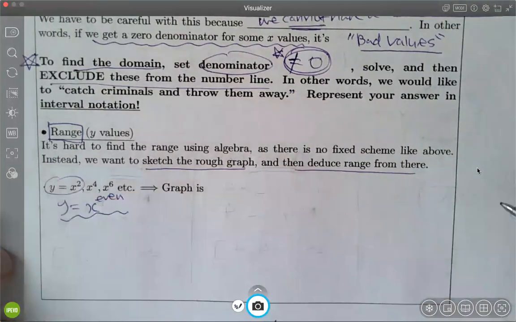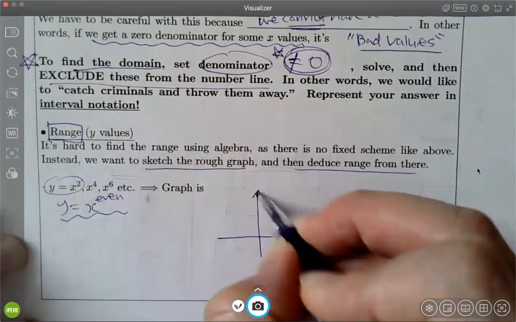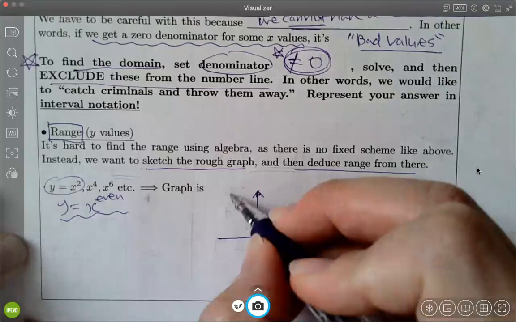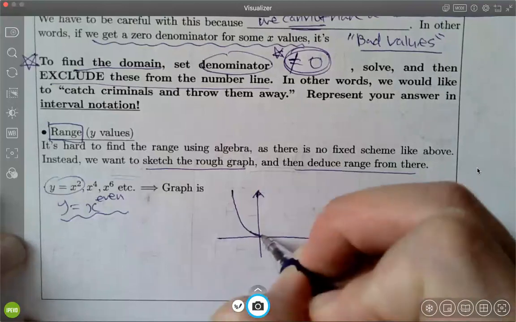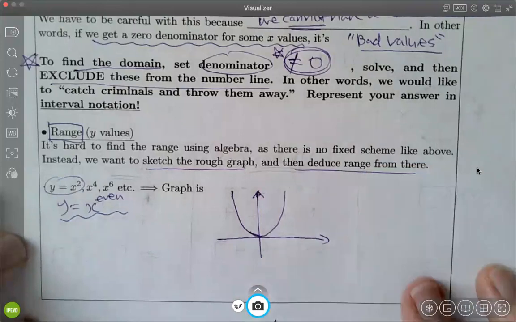Have we seen its graph before? How does the graph look? It looks like that. Remember this? The so-called parabola.